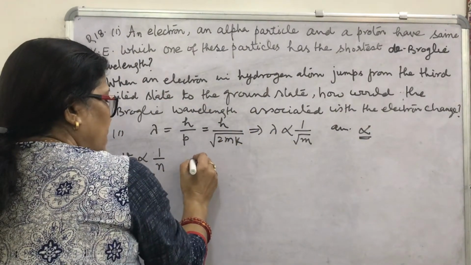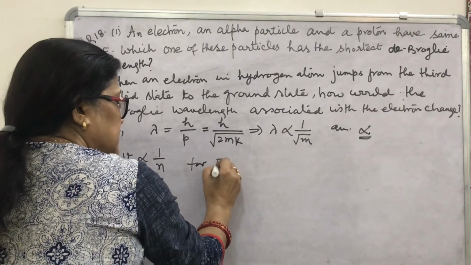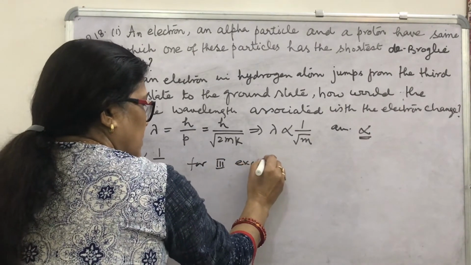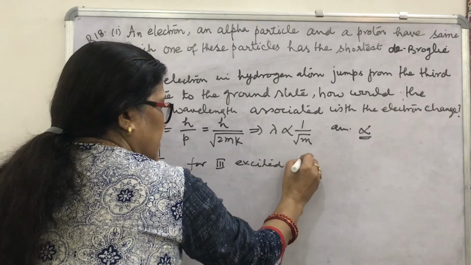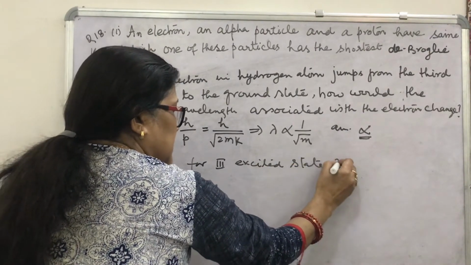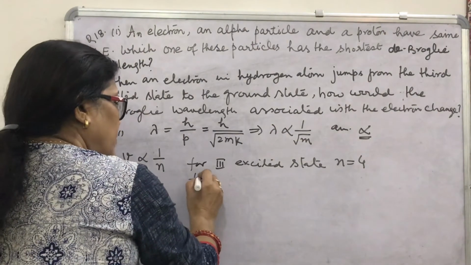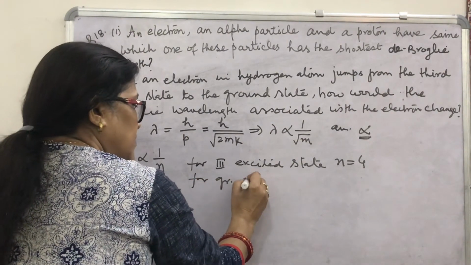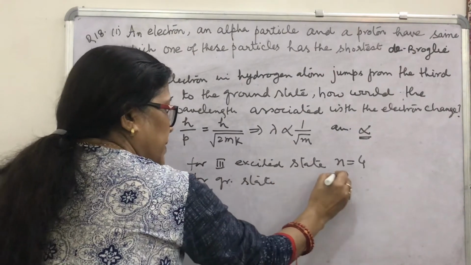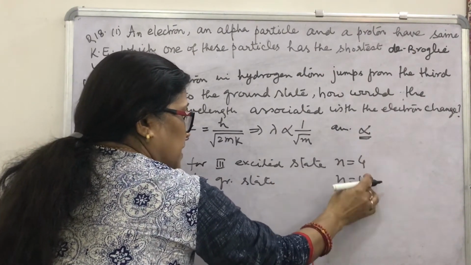So for the third excited state, what is the value of n? You know, for the third excited state, n is given by 4, and for the ground state, what is n? n is given by 1. You should pay attention here.